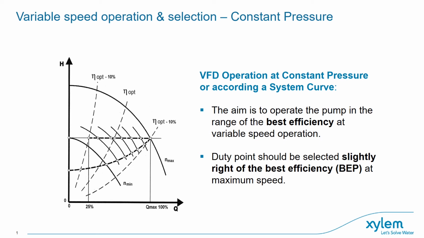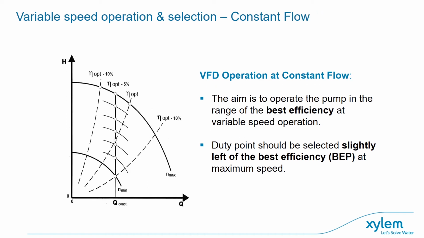So if we have maximum flow at the pressure required for the maximum demand on the system, and that's to the right-hand side of the curve, assuming that the system is only designed to run maximum flow at peak demand, then you'll probably find 70 to 80% of the time there's a power saving to be had because the pump is running more towards the left-hand side of the curve, thus saving motor power.